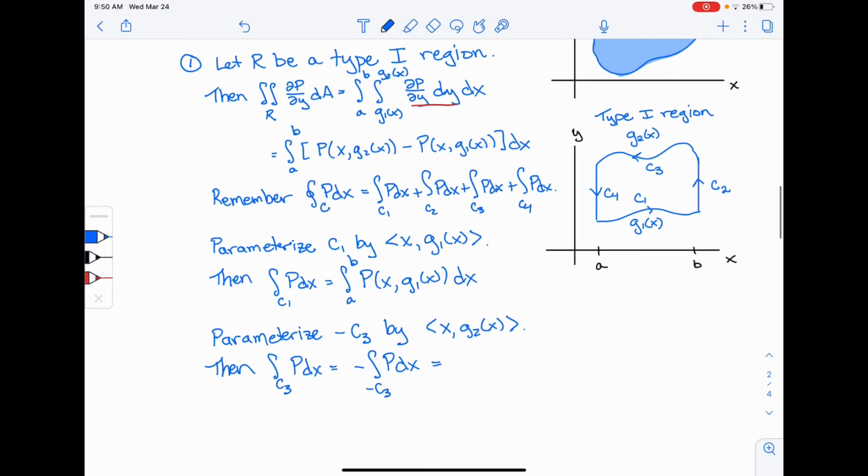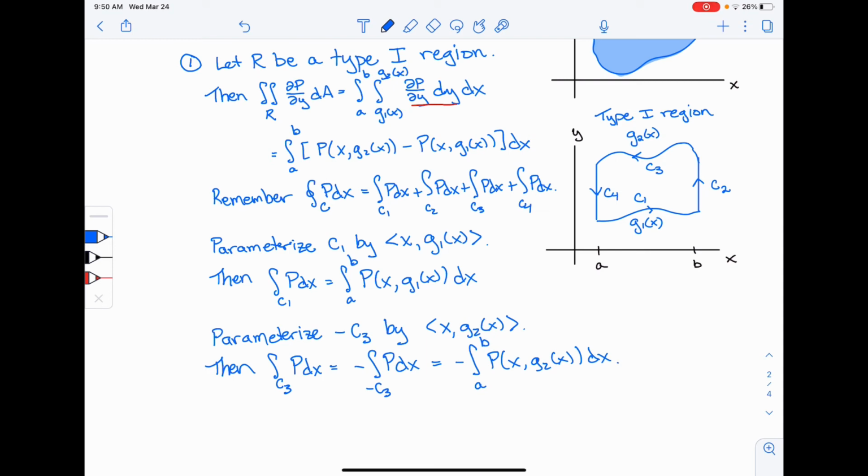In that case, that's going to be minus the integral from a to b of p of x, g2 of x, dx. Since we parameterize by x, g2 of x, we substitute that into p, and then minus c3 does go from a to b, going from left to right.